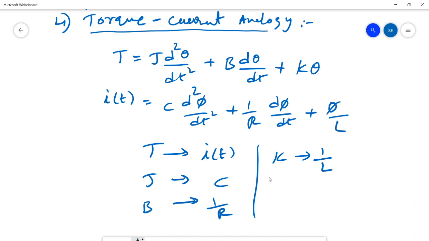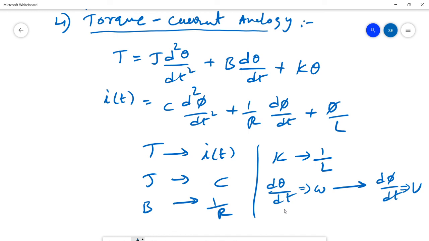Angular velocity, that is d theta by dt, which is equal to omega, is analogous to d phi by dt. What is that? d phi by dt is nothing but the voltage V. Then what is left?